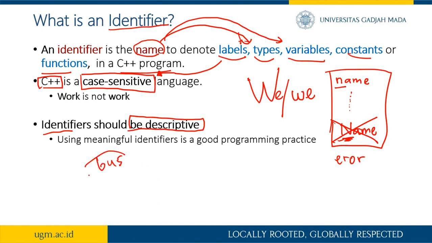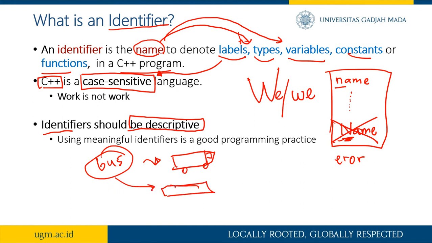Bus is ambiguous because bus can be a bus as a transportation or just bus, serial bus. So beware of the naming, with the identifier, and try to name it as descriptively as you can. And also beware of case sensitivity.